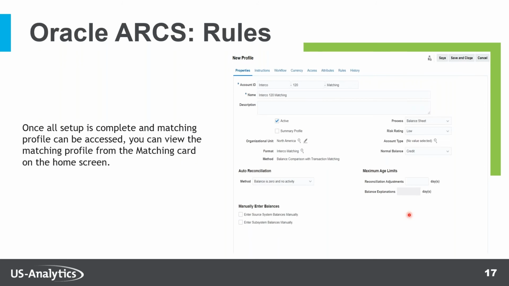Once everything is set up, you can access your overall profiles. Your overall profiles are what essentially drive your reconciliations. In this one's case, we've got Intercompany 120 matching. A lot of companies like their account ID to be an entity and account number combination.